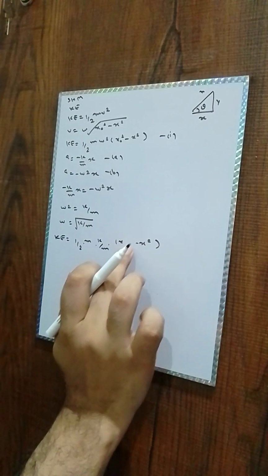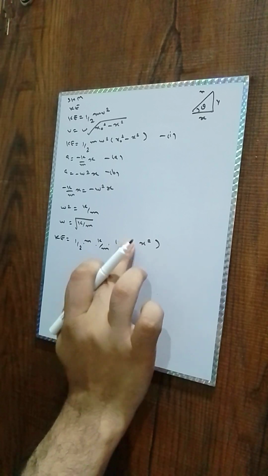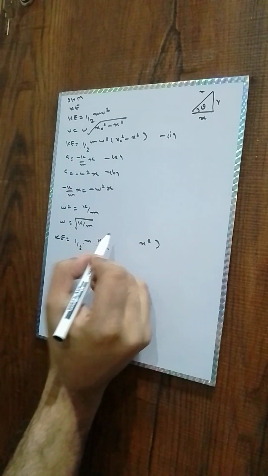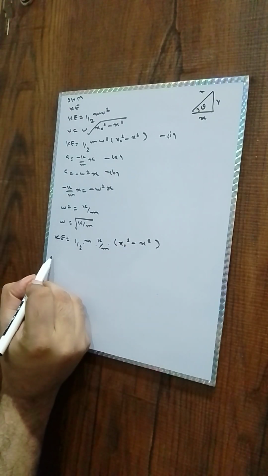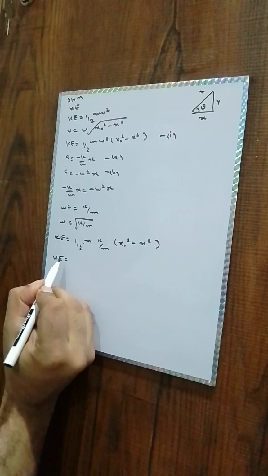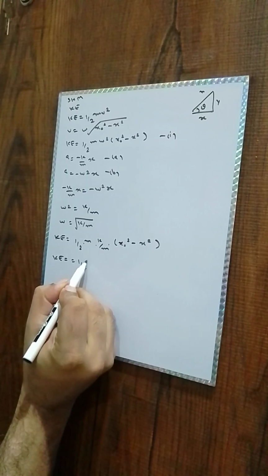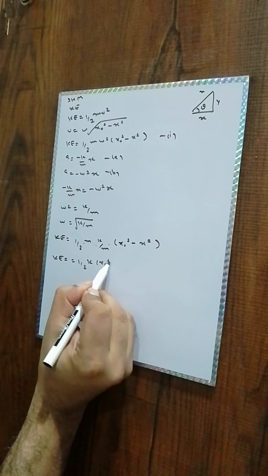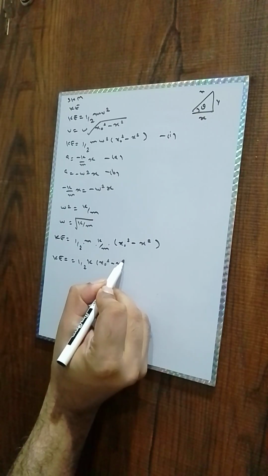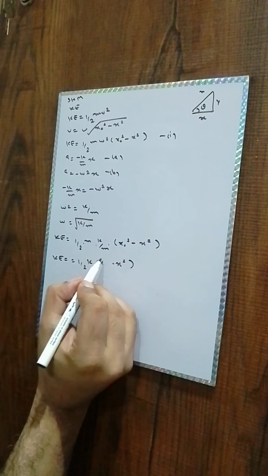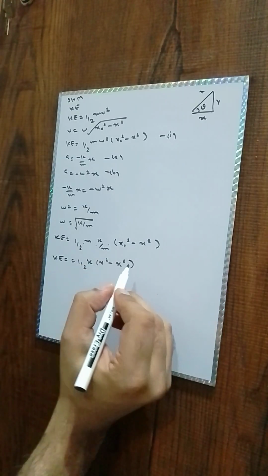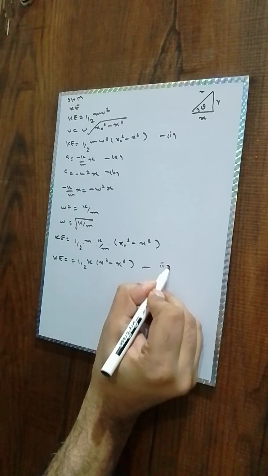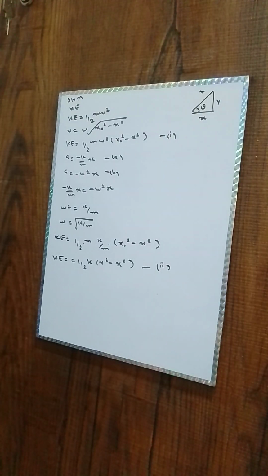M cancels out, so KE becomes equal to 1 by 2 K into x naught square minus x square. So this is the form we are looking for.